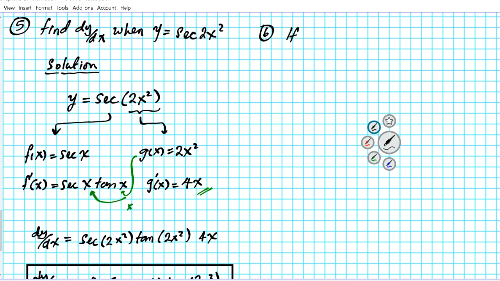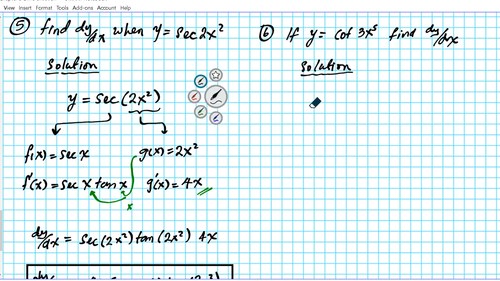If y is equal to cotangent 3x to the fifth, find dy dx. All right, let's do that. So if we have y equals cotangent 3x to the fifth power, we're going to decompose this.